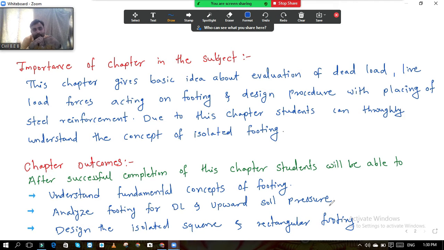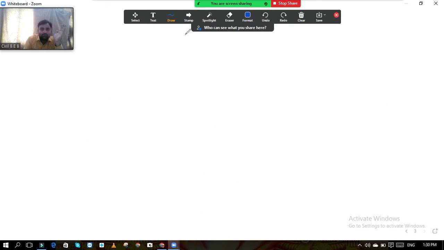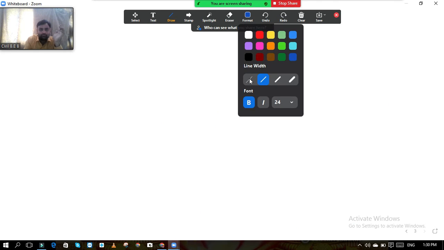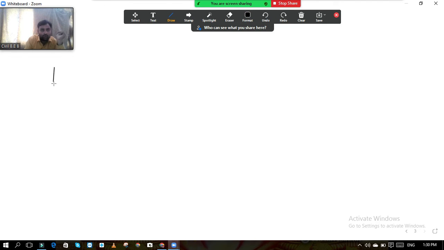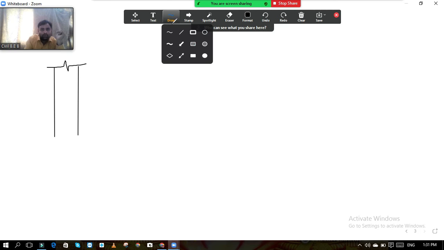Now, isolated footing means what? If for a separate column a separate footing is provided, then it is called an isolated footing. I will draw the diagram. Suppose this is the column, and for this column a separate footing is provided like this.